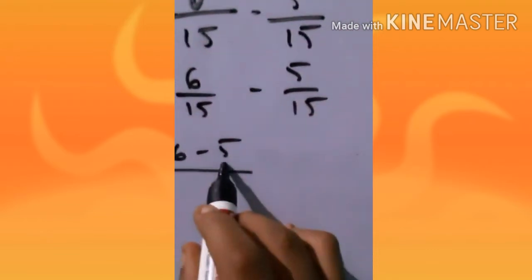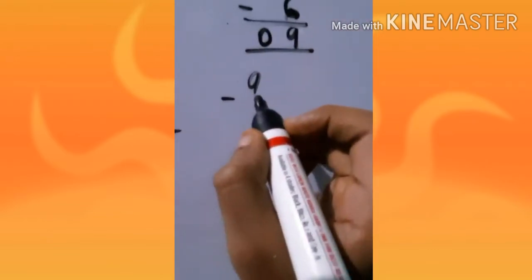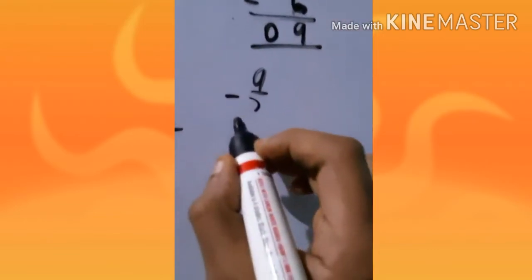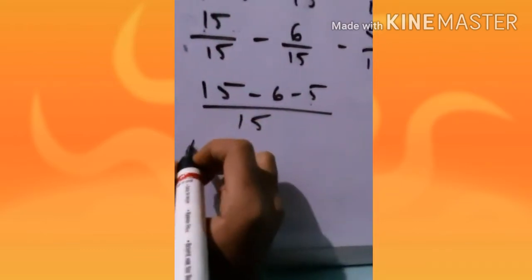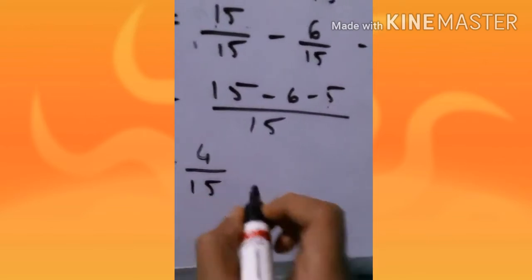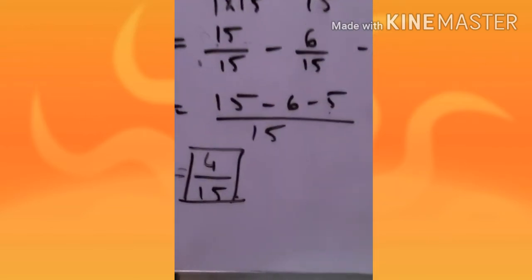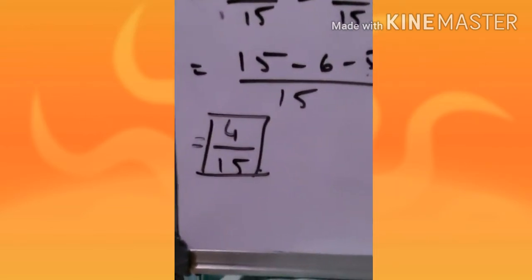From 9 again we have to subtract 5. 9 minus 5 equals 4, which equals 4 upon 15. Okay, now we will write it in answer form.